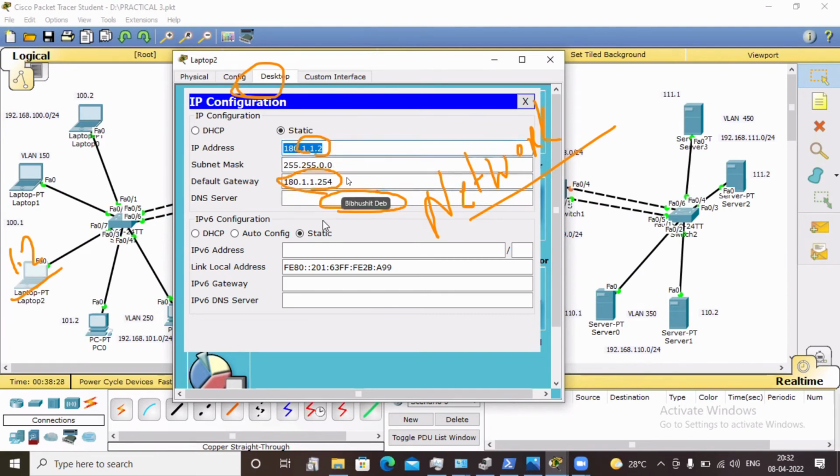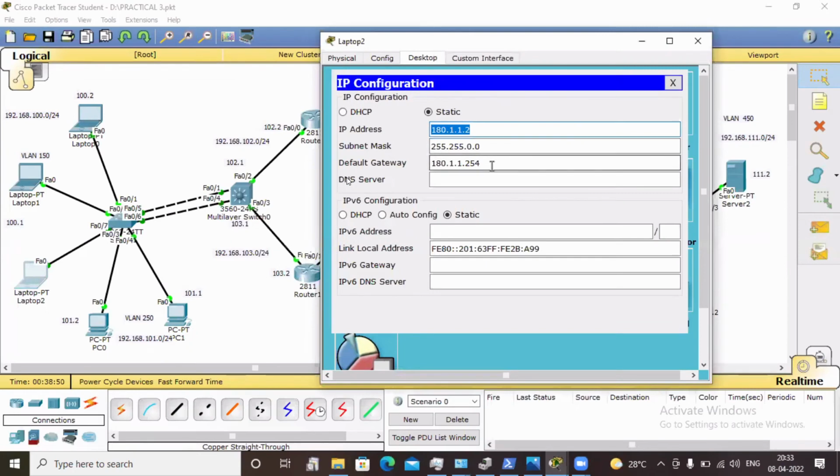This is your layer 3 VLAN interface that you are creating on your multi-layer switch for VLAN 180. This is the same IP address you are configuring on your multi-layer switch, interface VLAN 180. Simply move on to the multi-layer switch and configure this IP address as your layer 3 VLAN interface.